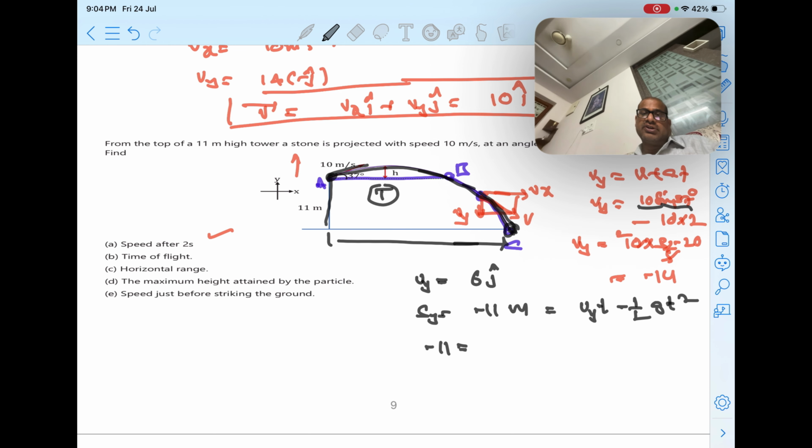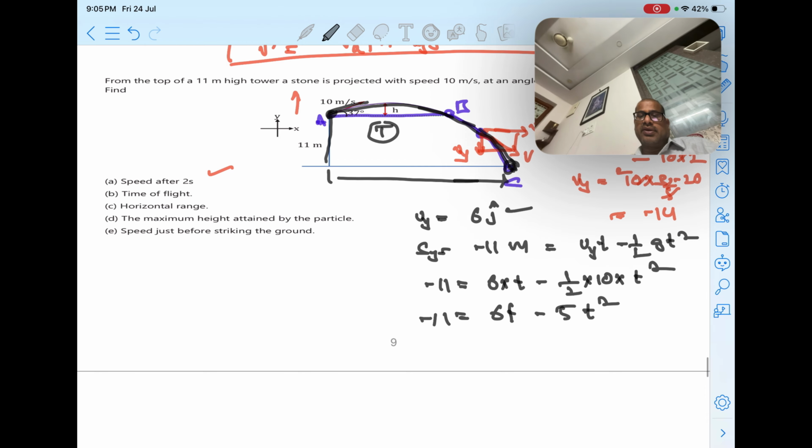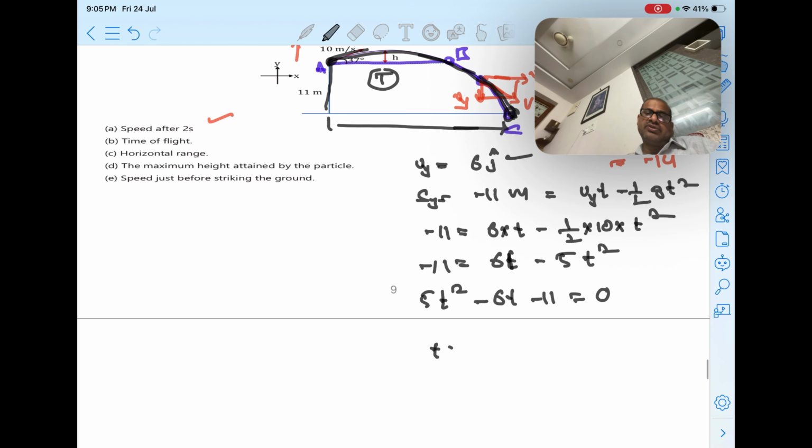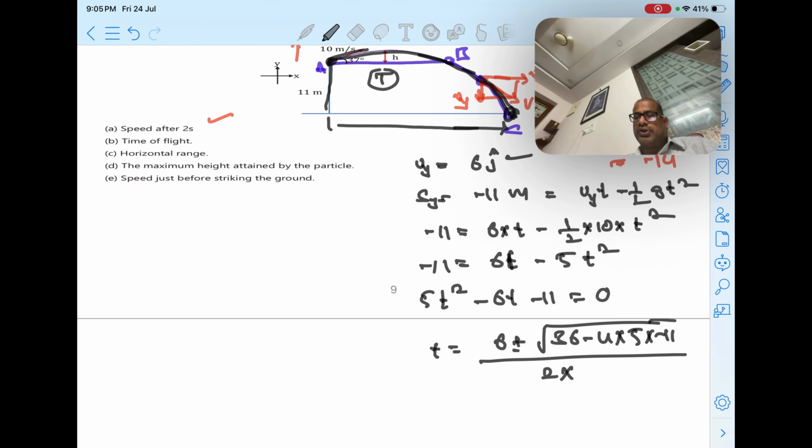Uy, substitute 6 here. Minus 11 is equal to 6 into t. How much t? You have to find out. Minus half into 10 into t square. And you can solve it now. So 6t minus 5t square. This implies 5t square minus 6t minus 11 is equal to 0. Here you can take ax square plus bx plus c. And t is equal to minus of minus 6 plus or minus root of 6 square, 36, minus 4 into 5 into minus 11, by 2 into 5.